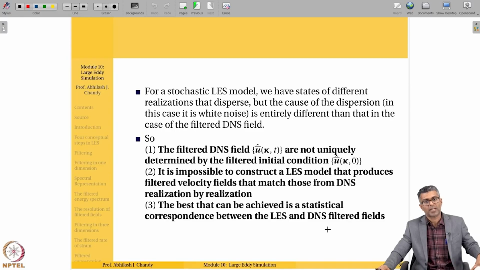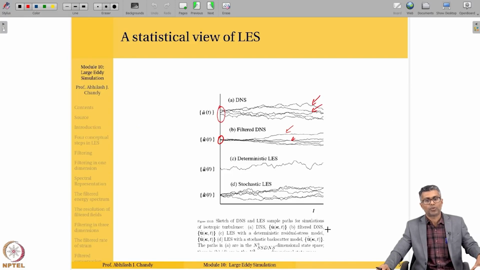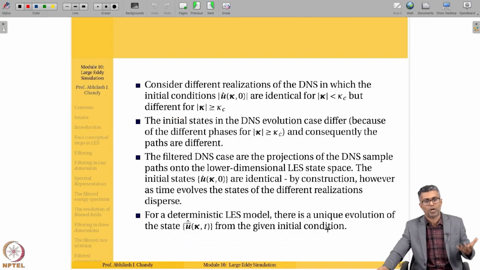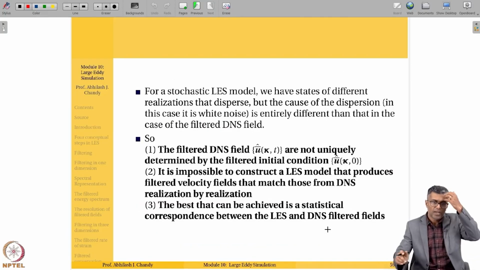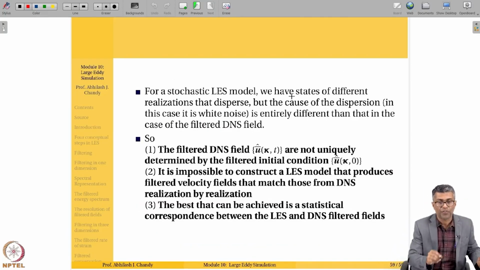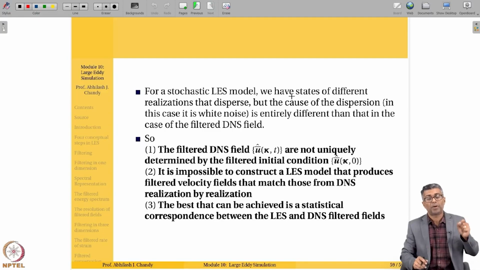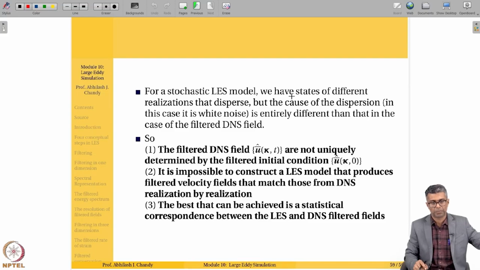And for a stochastic LES model, which is more like a random-process-based LES model, you have slightly different initial conditions and they proceed along different paths as well. So here we have states of different realizations that disperse, but the cause of the dispersion is very different than what you would have in a filtered DNS field.